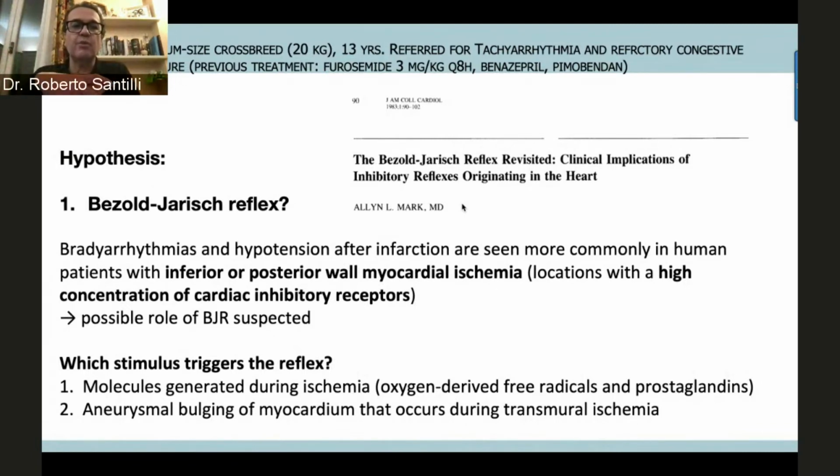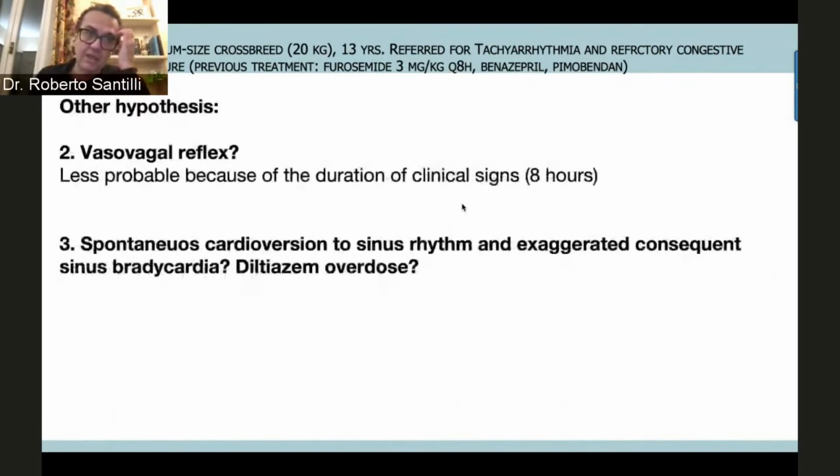This induces a profound inappropriate vagal reflex with AV block. So the AFib stops with prolonged ventricular arrest together with vasodilation. But these last a few seconds, in some cases minutes, but not 8 hours, like in this case. And the same for other forms of vagal reflex.